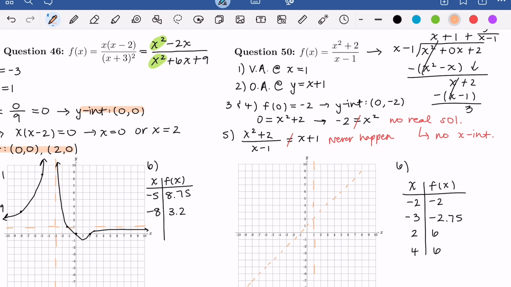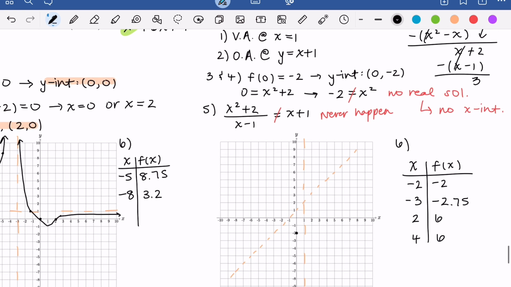All right. Now we have our y-intercept, so let's plot this. This is (0, -2), so we're going to have a point right here. We're going to have another point at (-2, -2). And then we'll have another point at (-3, -2.75), so right around here. We know this is not going to cross our asymptotes, so the graph is going to look something like this.